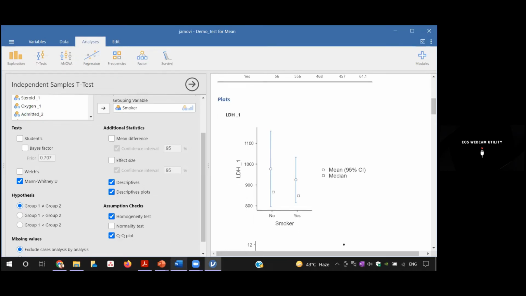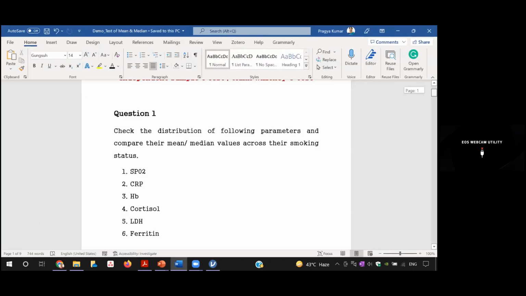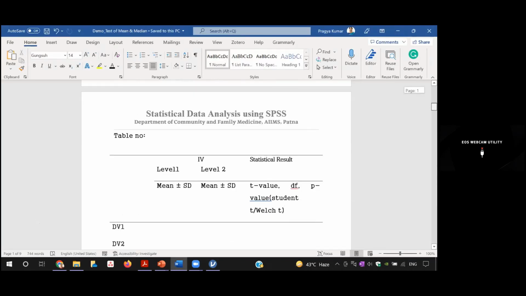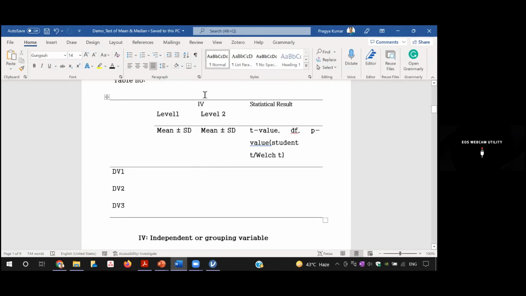So if you have to write the interpretation, how will you write it? This is the table. You can enter the values like we have written here. IV is for the independent variable or the grouping variable, and DV is the dependent variable.